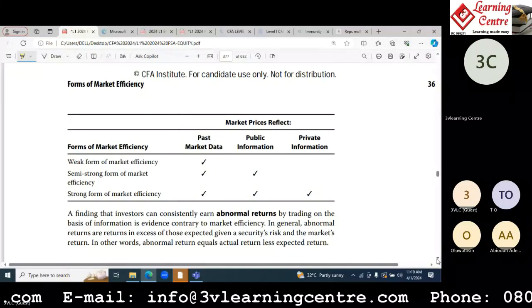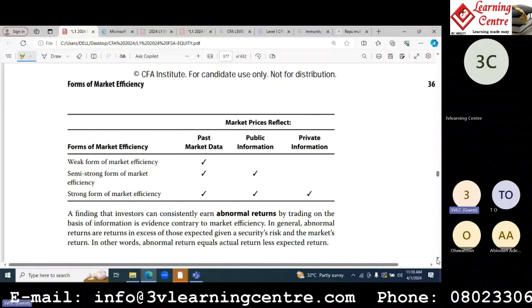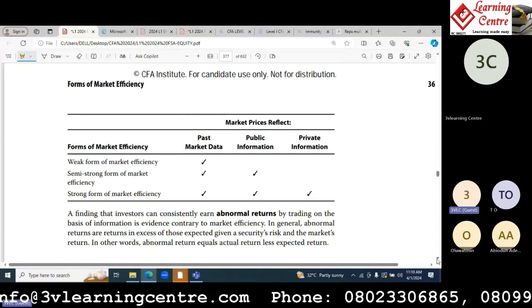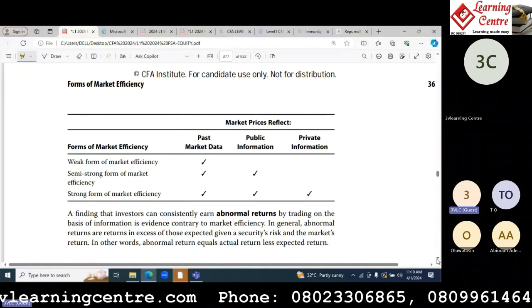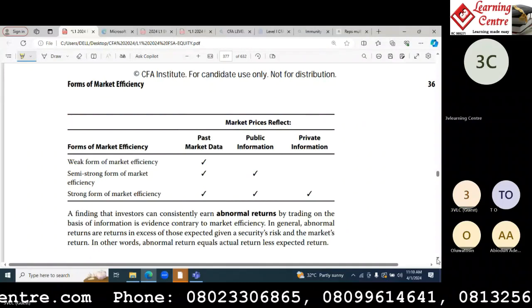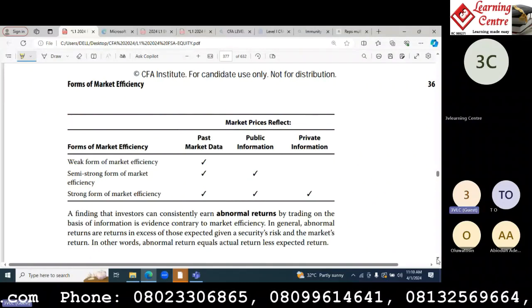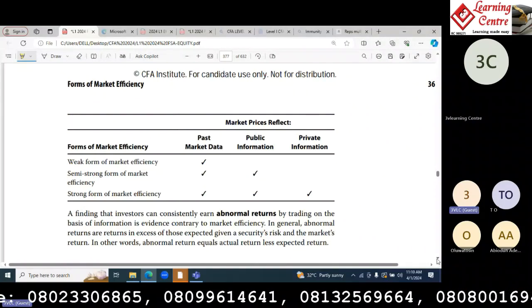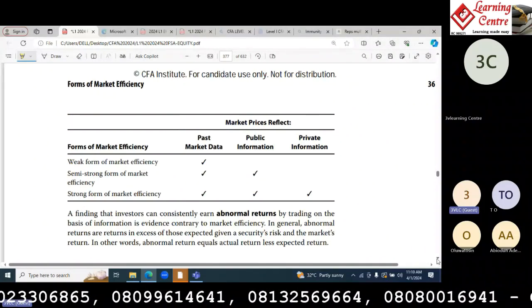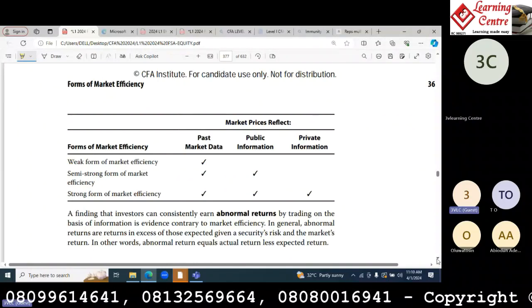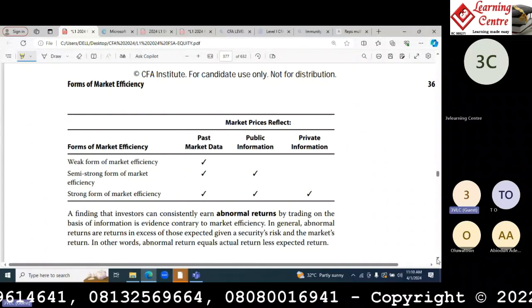And remember, the whole essence of being an active portfolio manager is to be able to carry on the active investment strategy, to look for ways to benefit from every market, considering the degree or the form of efficiency in that market.